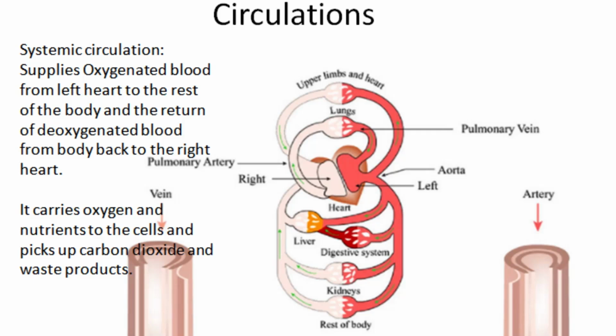Let's understand in detail about both the circulations. Let's jump into pulmonary circulation. If you understand this, you will come to understand how the entire deoxygenated, oxygenated and nutrients supply to the cells works.